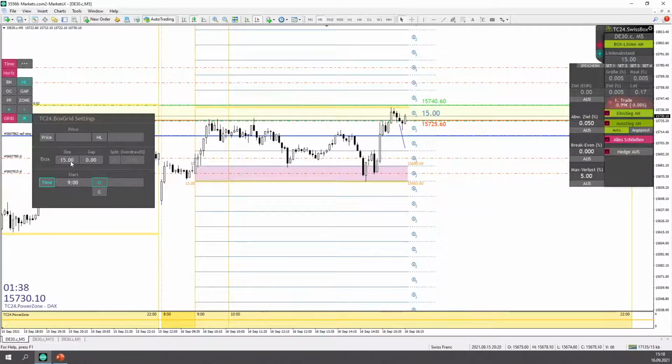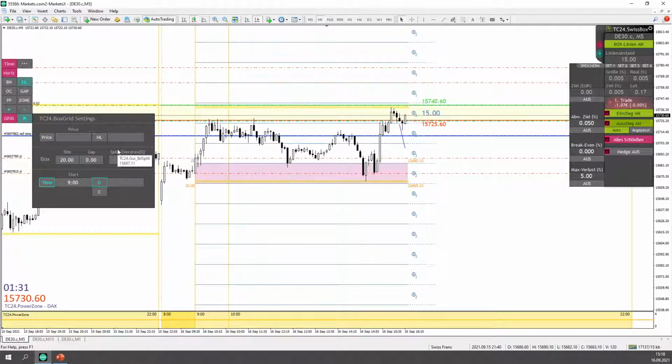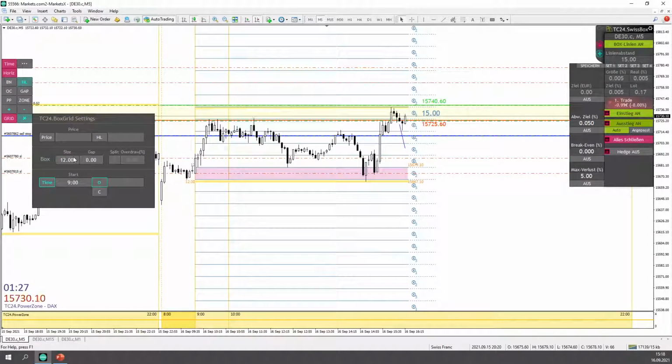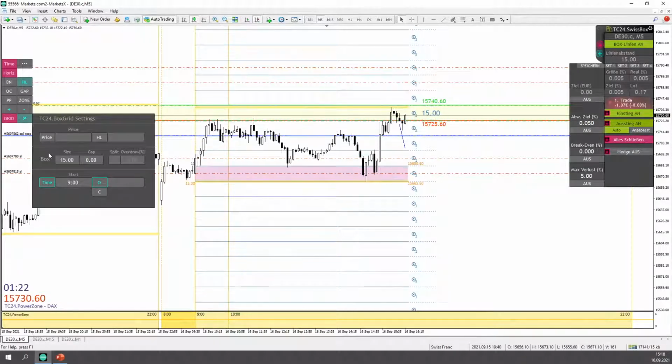This 15-point box size, you can also change to 20 or use whatever box size you need. Of course, the tendency to use smaller box sizes should always come with a smaller risk, because the spread to box size ratio gets worse. So it's not improving.